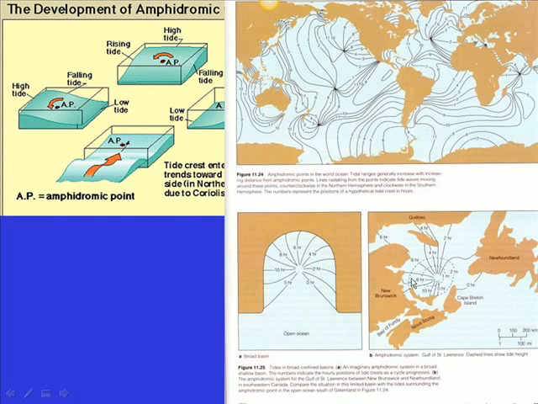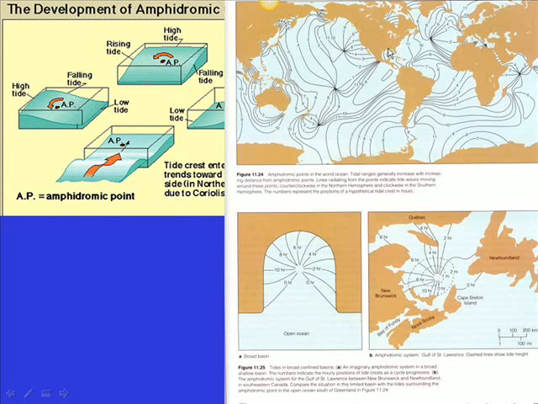The amphidromic wave progresses counterclockwise. But in general, in the oceans, you also have amphidromic points. These are lines of equal phase. So you see a nice Kelvin wave here propagating toward the north, and a nice Kelvin wave here propagating toward the south in the southern hemisphere.